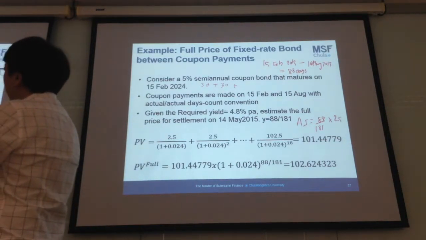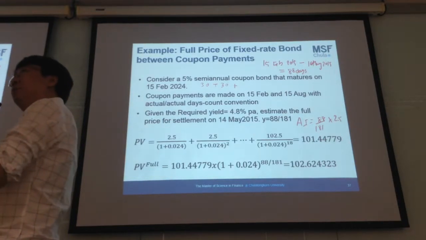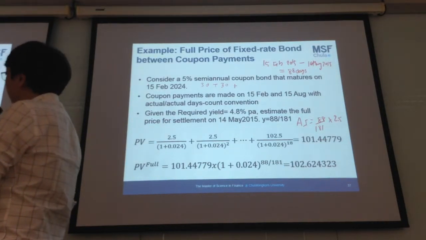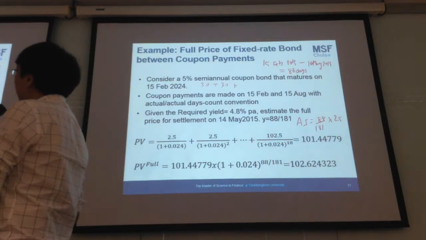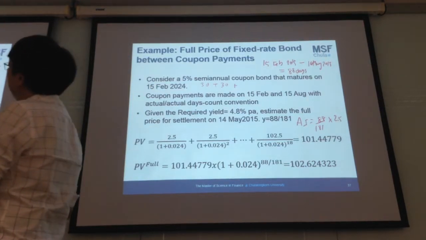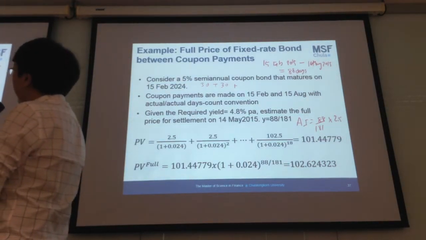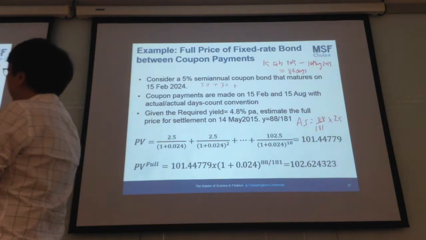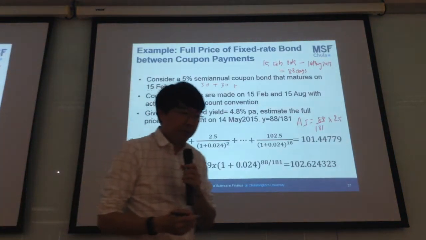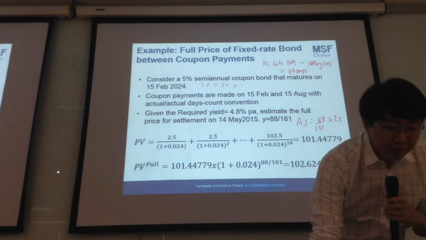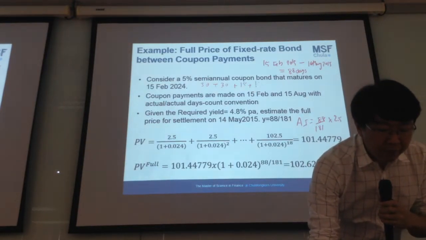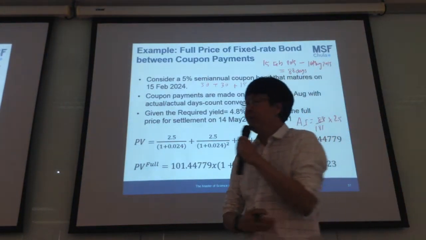February to March, March to April. And then you count the number of days for the rest. So it will be from 15 of April, 15 days plus 29 days, right?